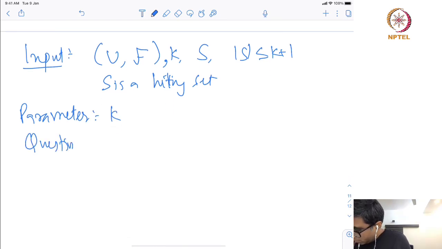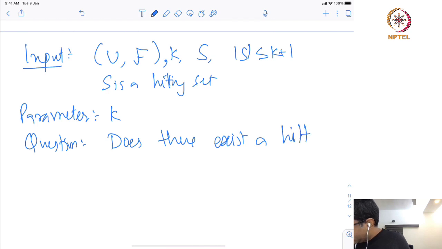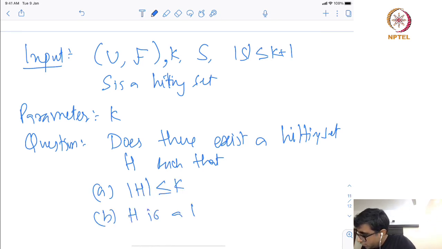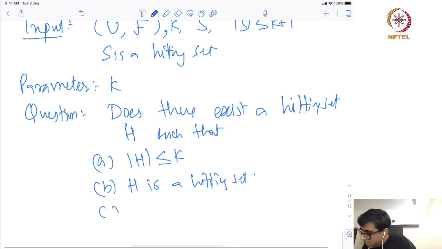Question: does there exist a hitting set H of size at most k such that H is a hitting set and H intersection S is the empty set?